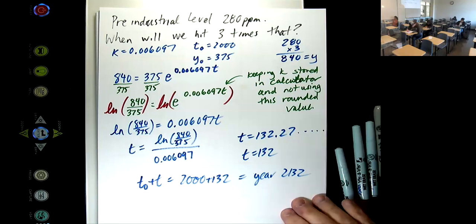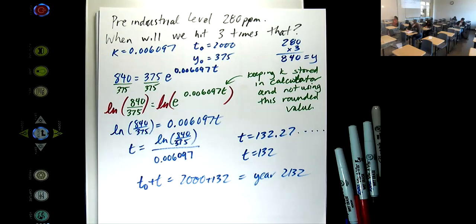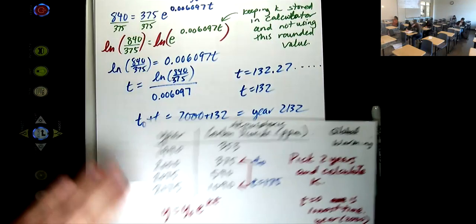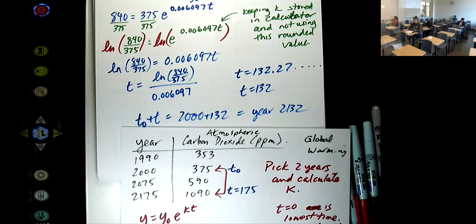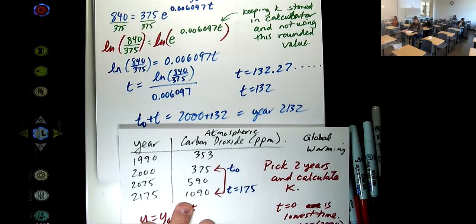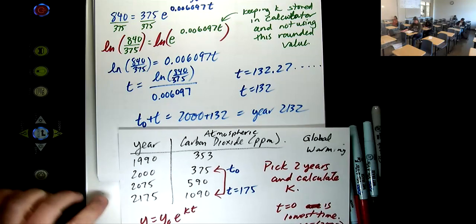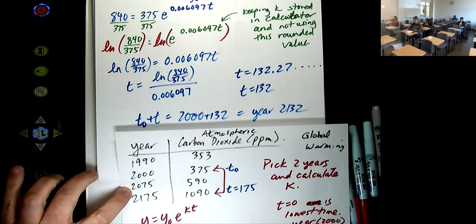Does that kind of track with what we had on the table before? 2175 said it hit 1090, so it should have hit 840 before that. That makes sense. That works.